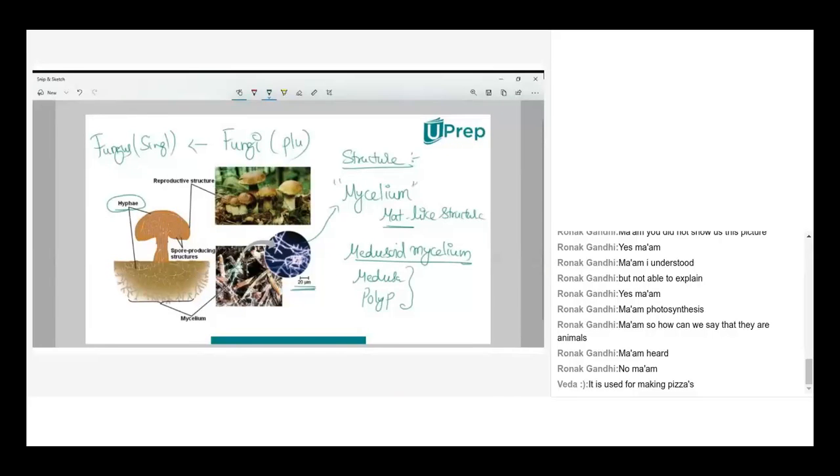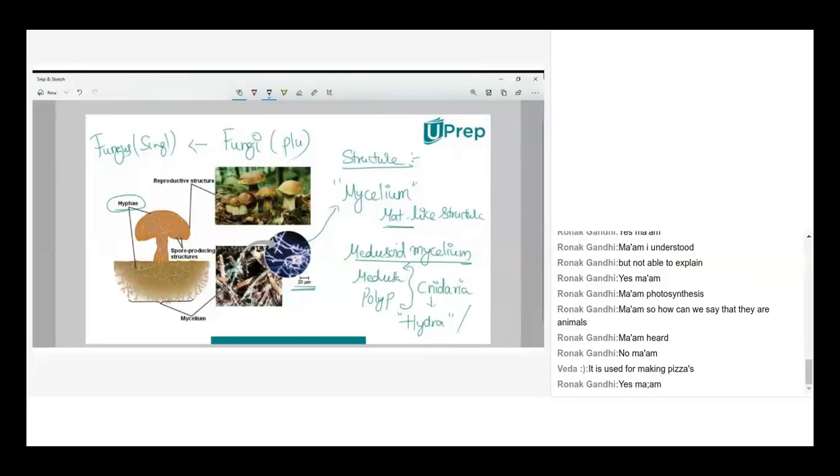The best example of this animal group everyone knows is Hydra. I hope you have heard the word Hydra. Another example I'll give is corals. I hope everybody knows corals. The Hydra and the corals are all under the Cnidaria animal group.